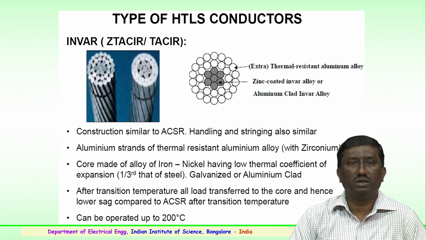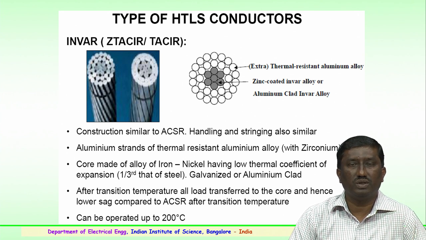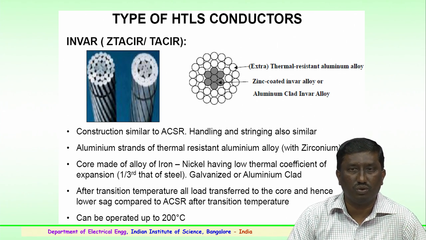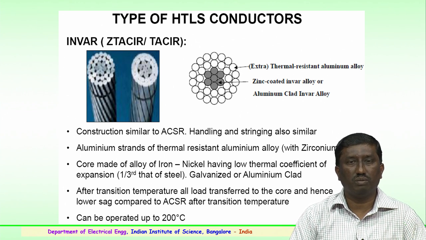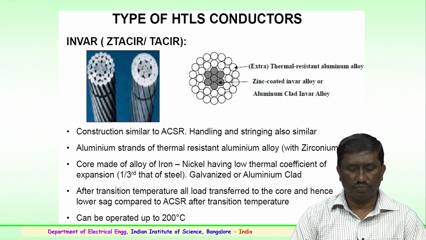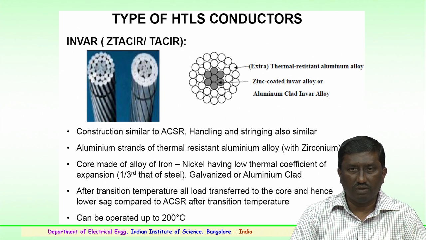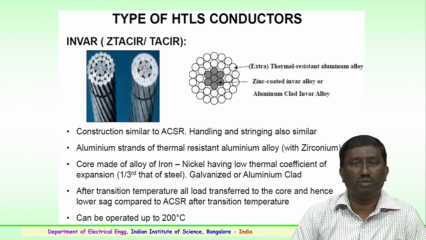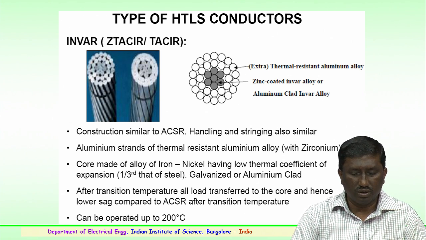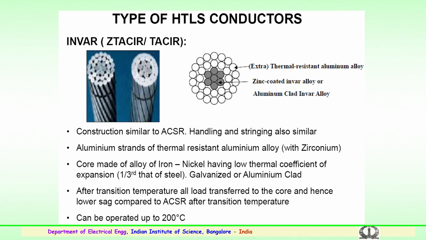This is supposed to be 1/3 that of steel, so it is lesser by 1/3 in comparison to the steel, galvanized or aluminum clad. So, after the transition temperature, the entire load is transferred to the core of the conductor, and hence the sag is low compared to that of an aluminum conductor steel reinforced after this transition temperature. So, this is an important aspect.